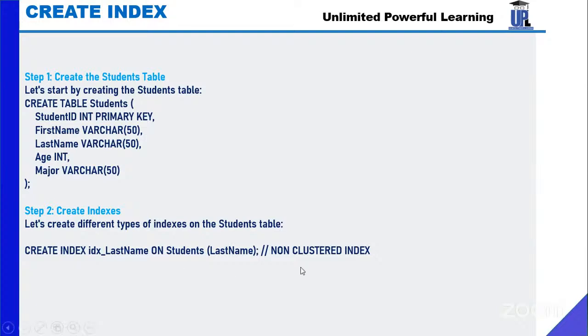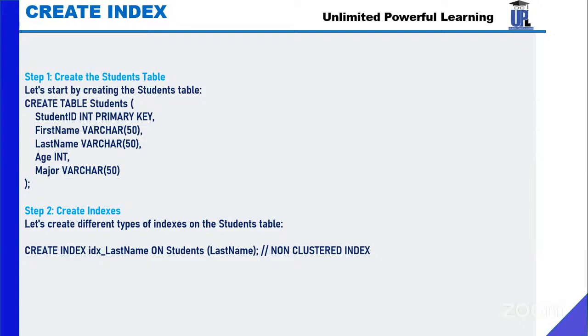If I want to use multiple columns like a composite key, and create an index on that, that is a clustered index. The index will have an index name, and on that we tell which table. By default, in some databases, it will be indexed on the primary key.